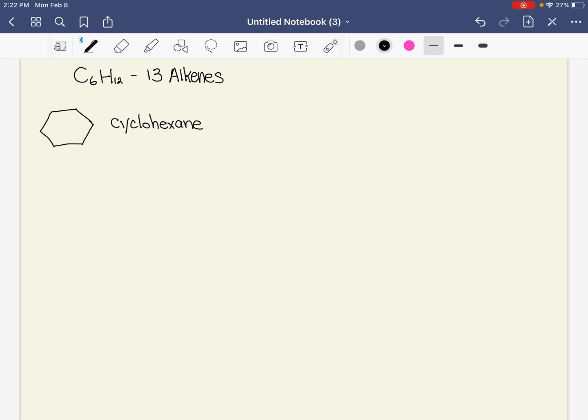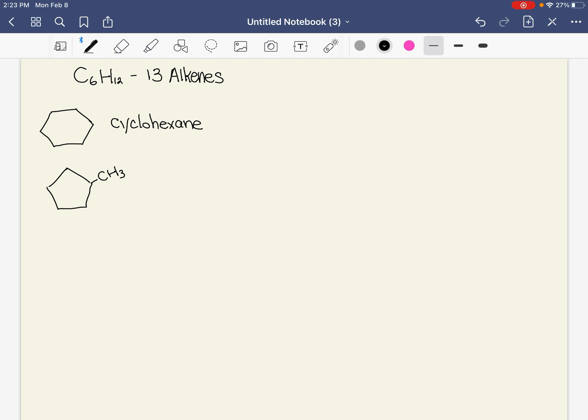If this is cyclohexane, obviously I can have other cyclic structures that will still inherit my C6H12. Like this one, like the cyclopentane. Actually, there's only one of them. This also has 6 carbon and 12 hydrogen.